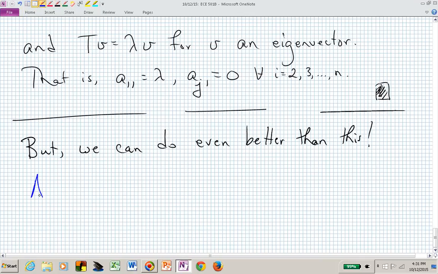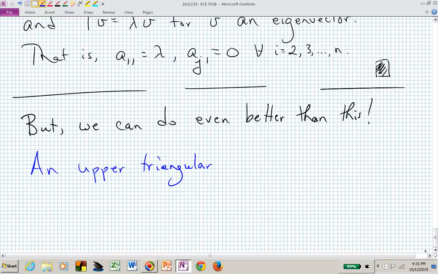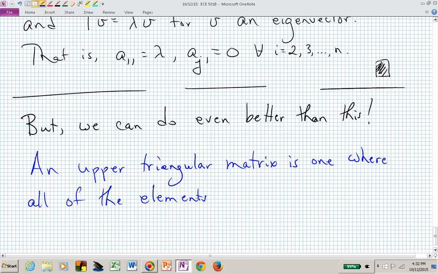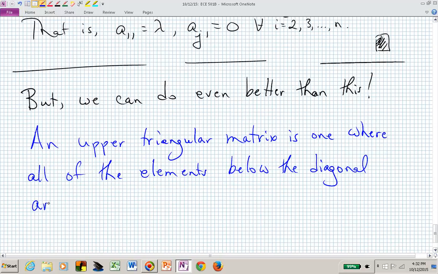And that's what's leading us then to this concept of an upper triangular matrix. An upper triangular matrix is one where all of the elements below the diagonal are zero.